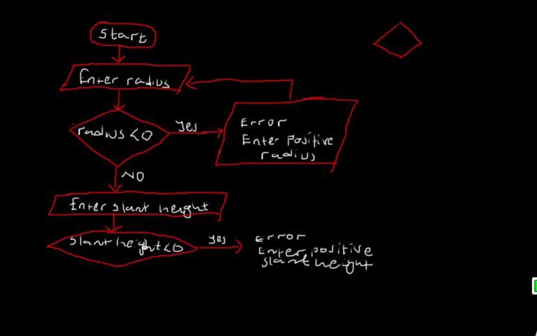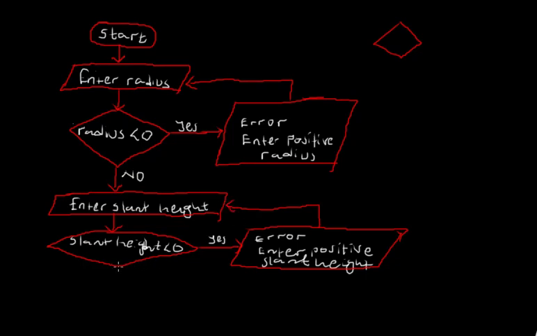And this will be enclosed in a similar shape as the one we have on top. We have that, and it should take you back to the enter slant height.